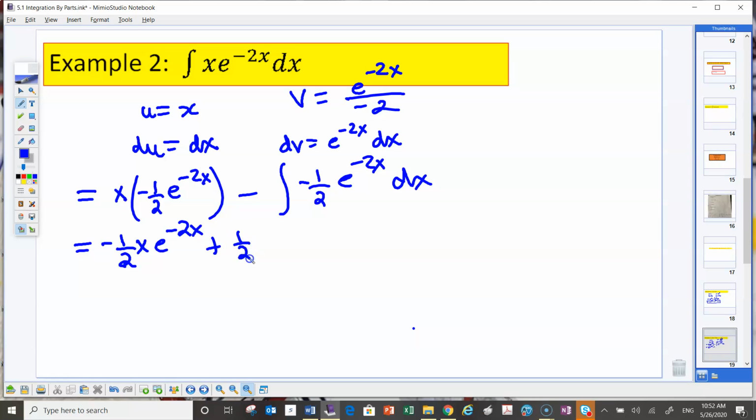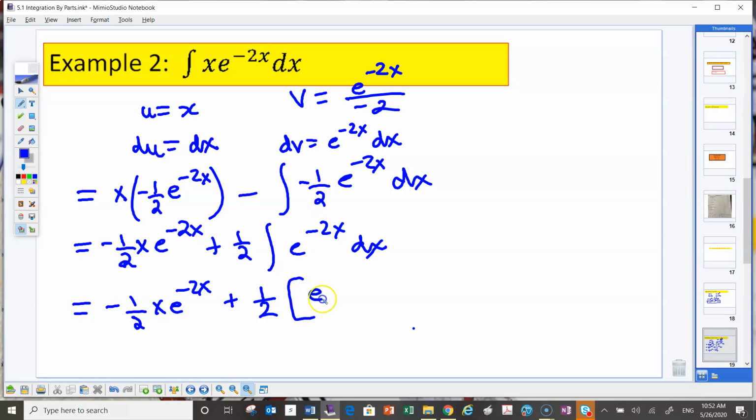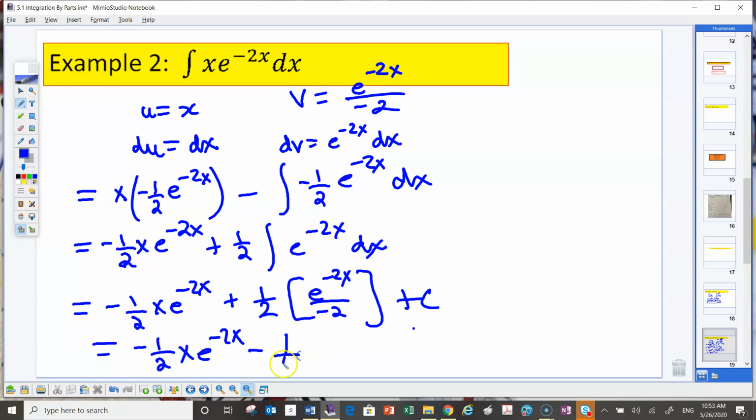That becomes a positive 1/2, and now it's the integral of e to the negative 2x dx. And the integral of e to the negative 2x, we did that earlier, is e to the negative 2x divided by negative 2 plus my constant. So my final answer is going to be negative 1/2 x e to the negative 2x minus 1/4 e to the negative 2x plus a constant. And that would be my final answer.